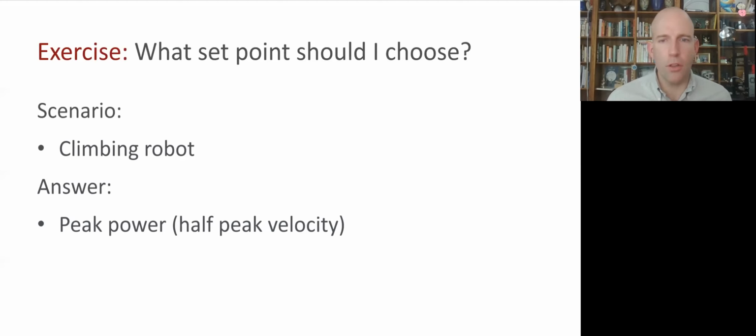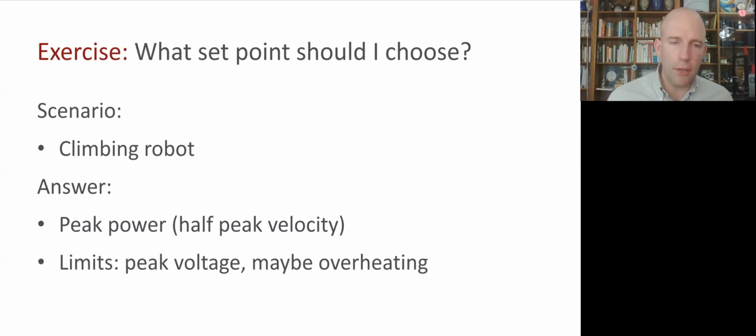And if we start to think about other things like the applied voltage and other constraints, remember that our peak power increases with the square of the applied voltage. So we'd want the maximum applied voltage we could get away with. And there are two things that might limit us. One would be maybe if we apply too high of a voltage, we start to damage the brushes in the motor or something like that.